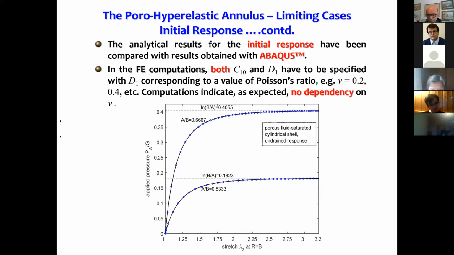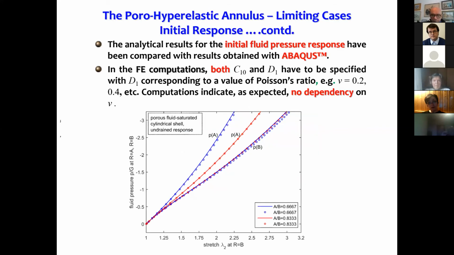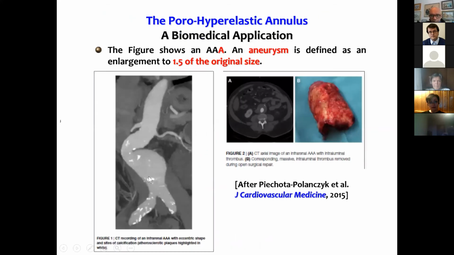An aneurysm is an instability in the blood vessel, and finding out at what pressures this can happen is important. You can see the finite element solutions are very close to the computational solutions using MATLAB as well. Just to give a biomedical application, this is an abdominal aortic aneurysm.